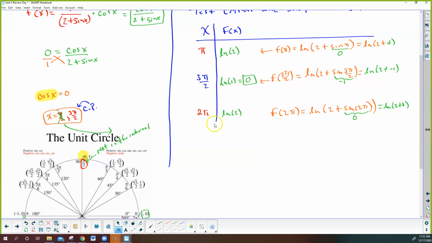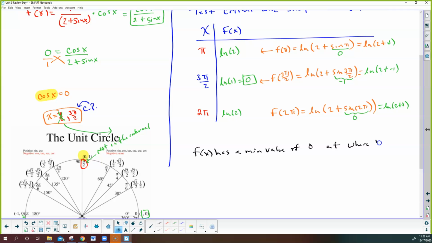So if I'm going to justify my answers here, I'm going to say F of X has a min value of, so what is the minimum value? It's 0. And then where does it occur?